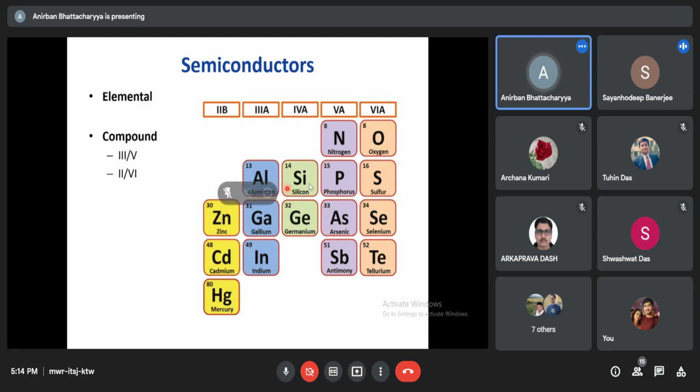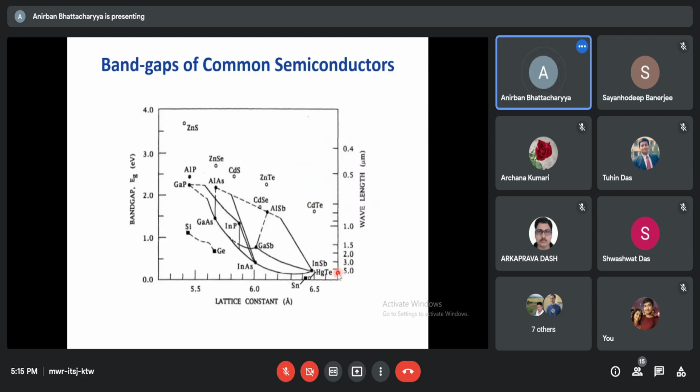Zinc sulfide, cadmium sulfide, mercury sulfide. So these are sulfides. These are selenides and these are tellurides. What I'm trying to say is all of these semiconductors are critically important for many different technological applications. You cannot leave any of them saying, that's not important. All of them are important.